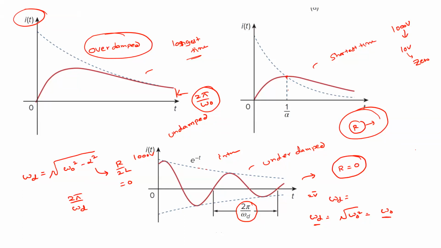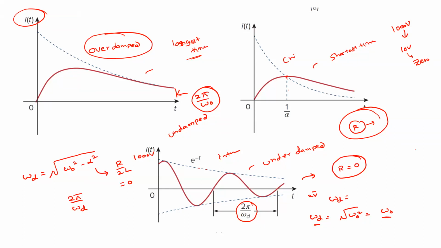The critically damped case is the boundary line between the overdamped and underdamped cases.